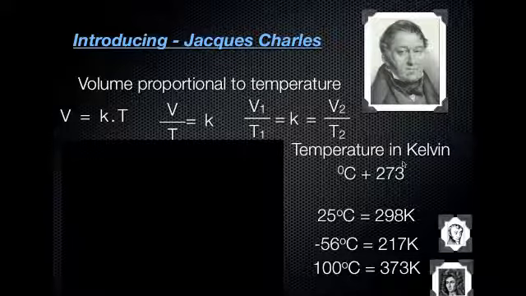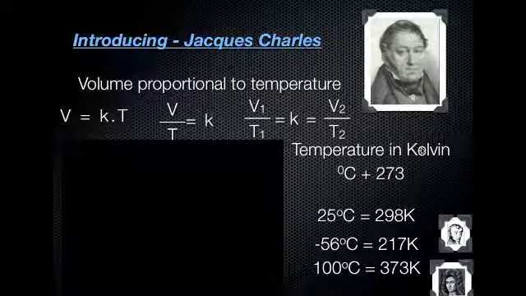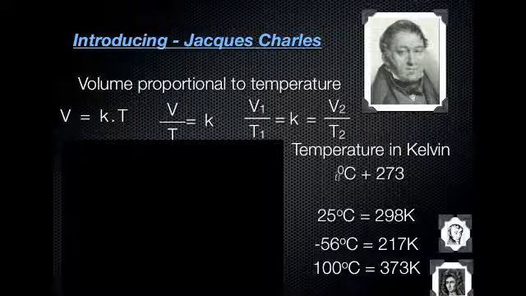When you're doing these equations, temperature should be changed into Kelvin, and the Kelvin scale is a scale that goes down to absolute zero, and it's known as the degrees scale, adding on 273 degrees Kelvin. So if we're looking at some different temperatures, 25 degrees Celsius is equal to 298 degrees Kelvin.